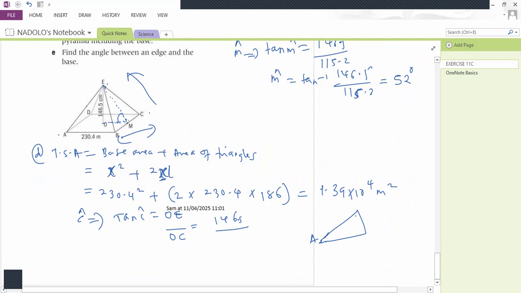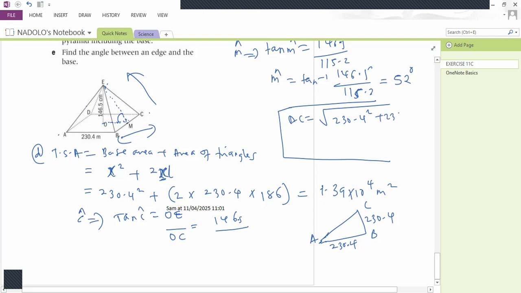So this triangle ACE. Since this is a square, both sides are equal to 30.4, 30.4. So for you to calculate AC, it will be given by the square root of those sides squared.